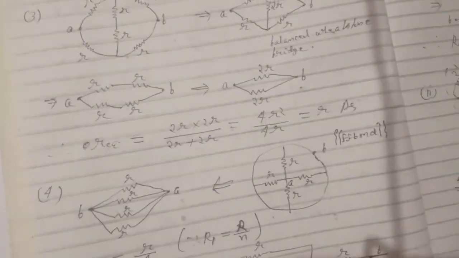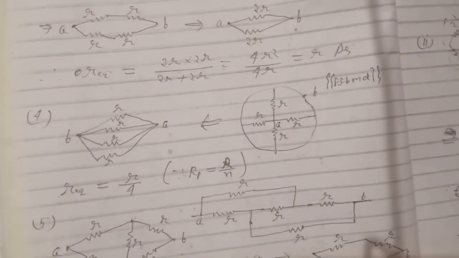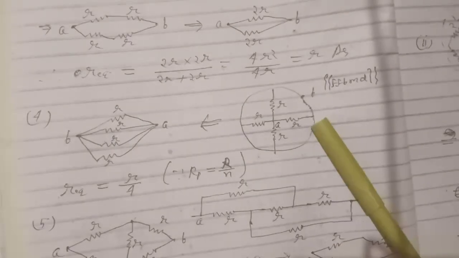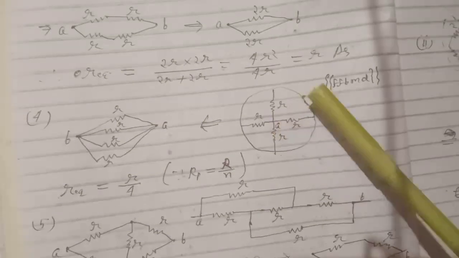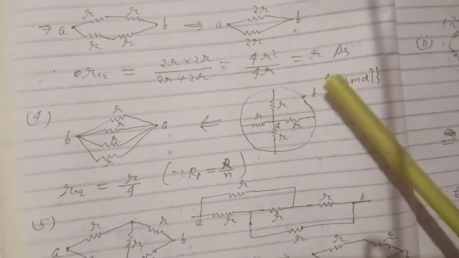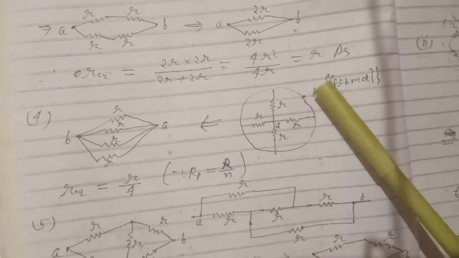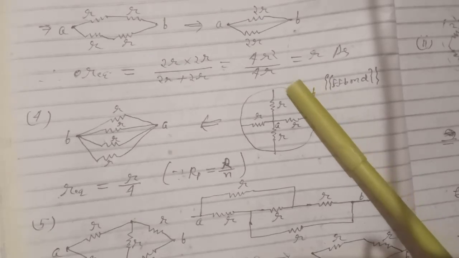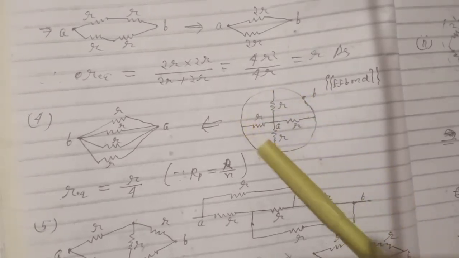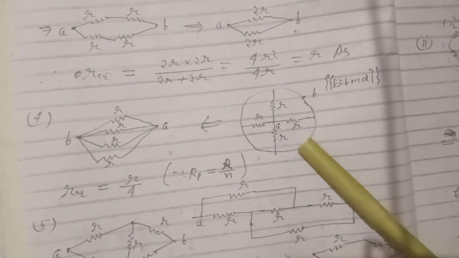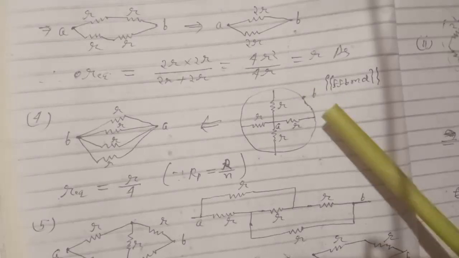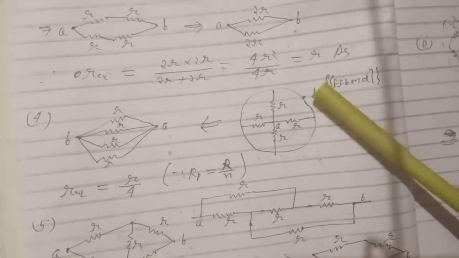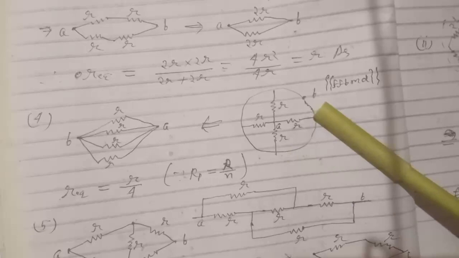Next, our next problem is this, our fourth one. Here it is B, and here it is clear that from this point C, there is no resistance between this point, here, here and here, so these can all be considered to be at one point.